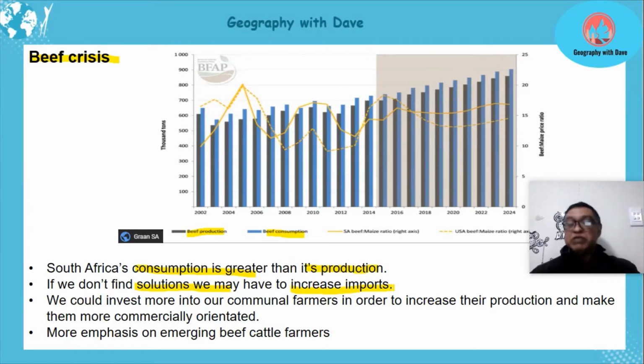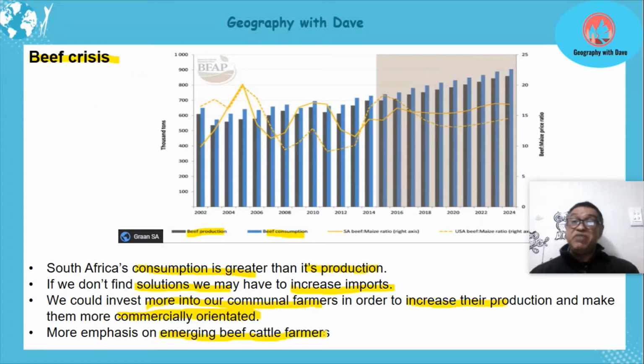So we need to invest more time and effort and finance into it. And one of the ways is to invest more into our communal farmers in order to increase production and make them more commercially orientated. More small scale farmers, etc., that we could help, like these emerging beef cattle farmers.